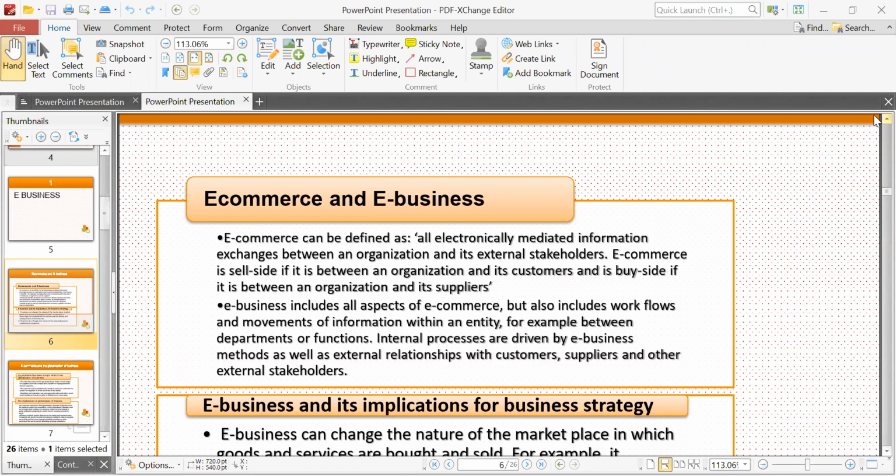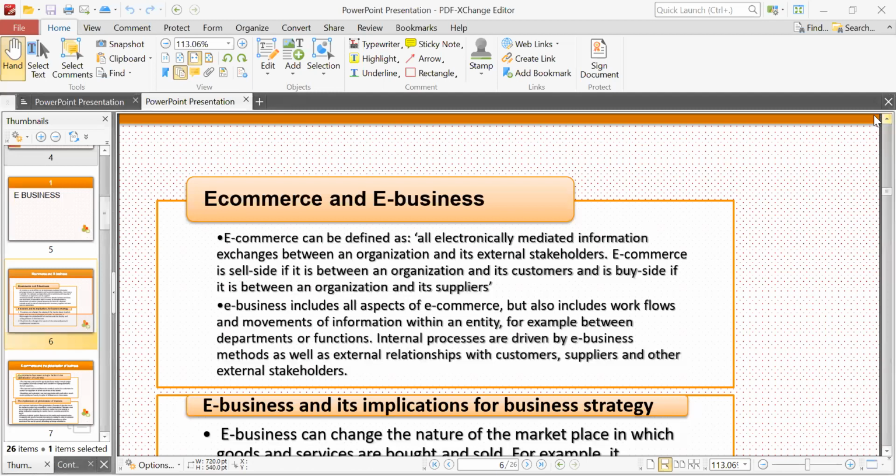And when you talk about e-commerce, you can look at it from the sell side or the buy side. This is something that you need to understand as well.